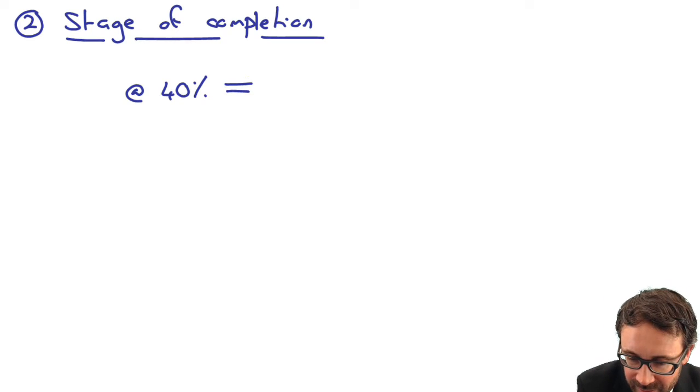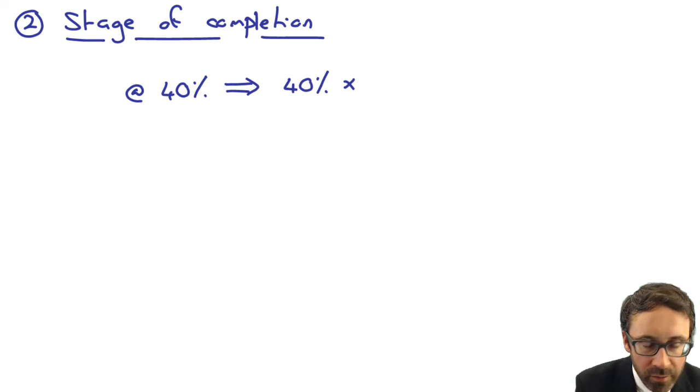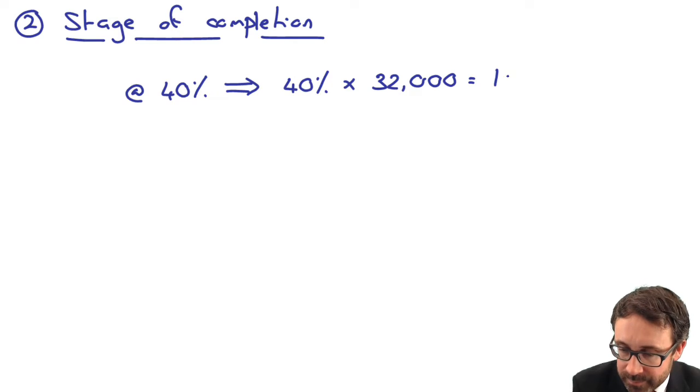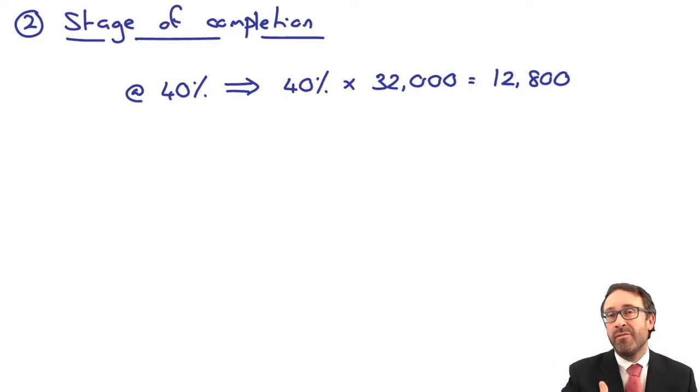So if that's the case, we're going to recognize 40% of our total profits, which is at 12,800, isn't it? That is the total profits of 32, and we're 40% complete, so therefore it seems reasonable to recognize 40% of that profit.